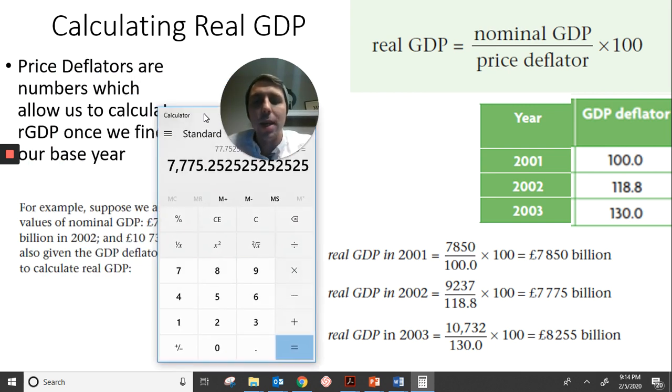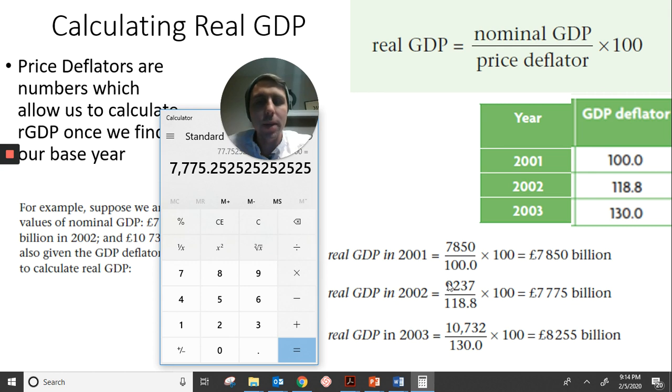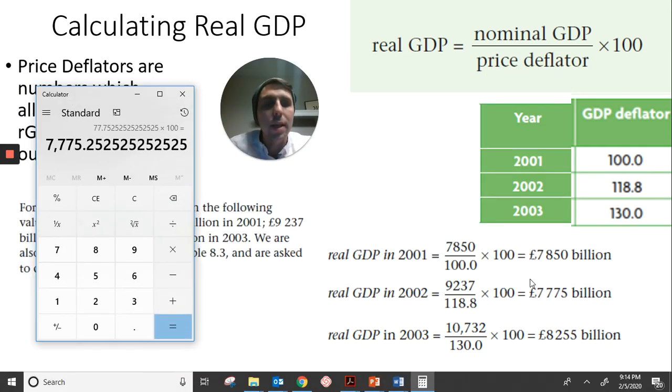And if we look down at the formula completed down here, we have our nominal GDP divided by our price deflator for 2002 multiplied by 100, and that gives us 7.7 and change, billion in real GDP.